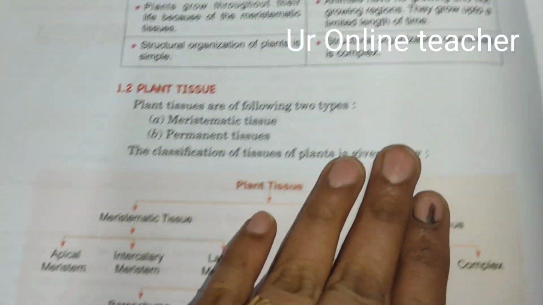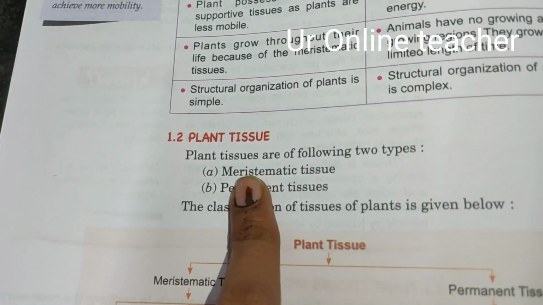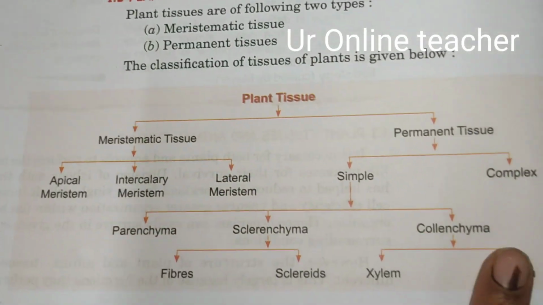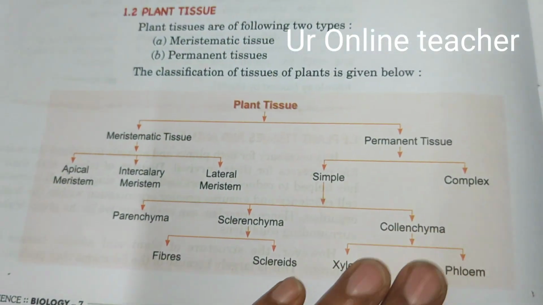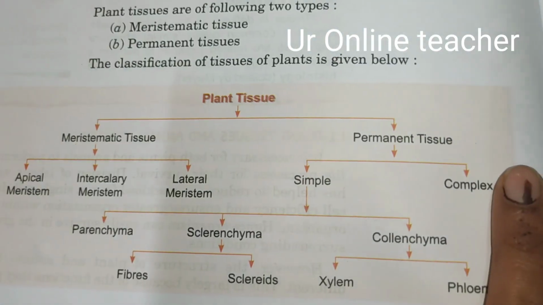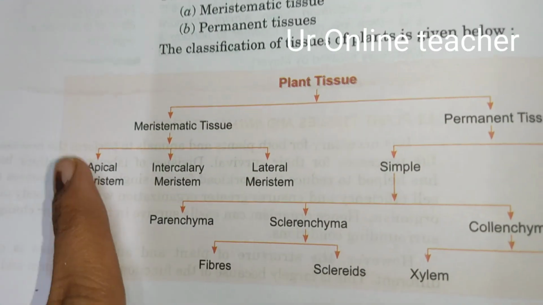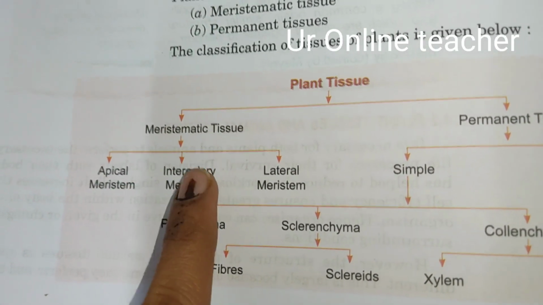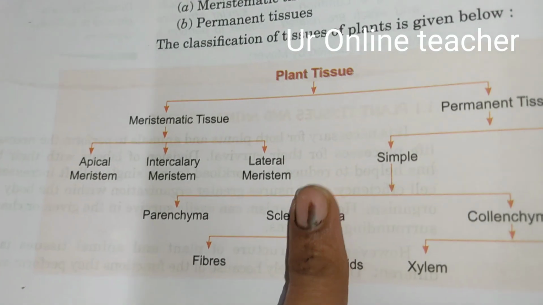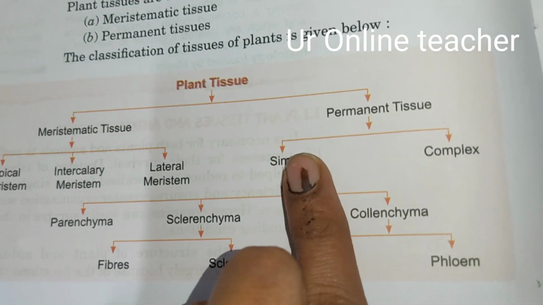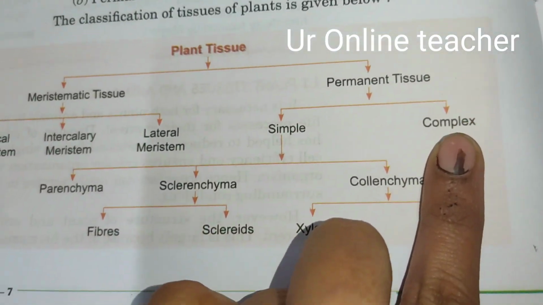Plant tissues are mainly of two types: meristematic tissues and permanent tissues. So let's see the classification they gave. Meristematic tissues again have three types: apical meristem, intercalary meristem, lateral meristem. Permanent tissues again have two types: simple permanent tissue and complex permanent tissue.